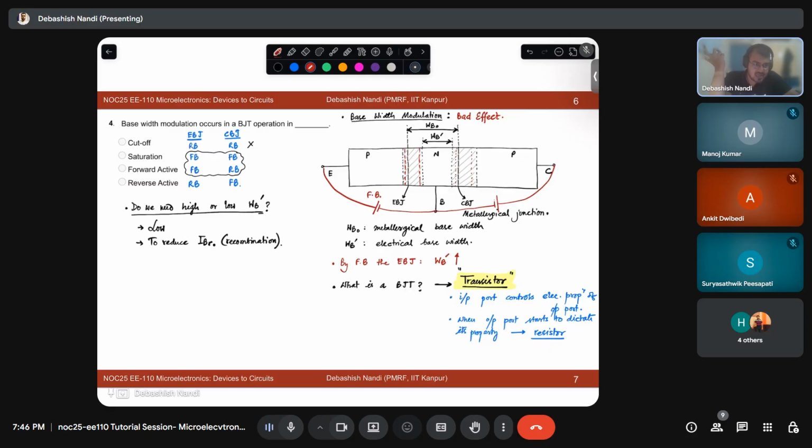IC will get affected, but not to our disadvantage. That we will discuss later. But if it is reverse biased, then what will happen? My depletion width will start to increase, right? If my depletion width starts to increase in the collector base junction, then my WB dash is reducing.